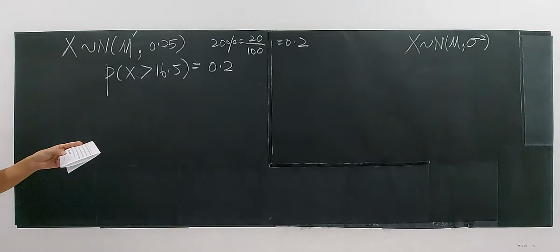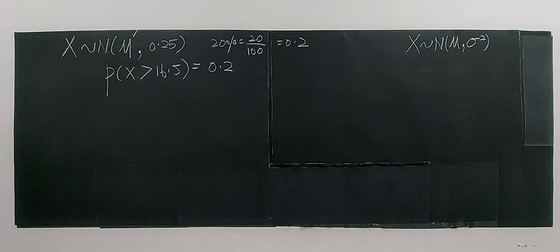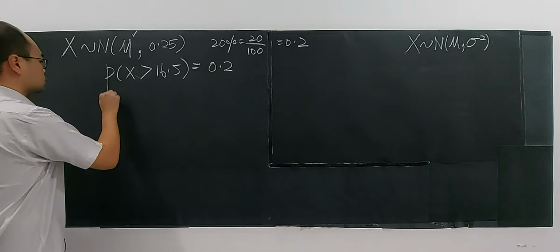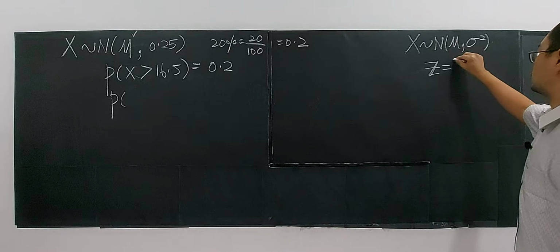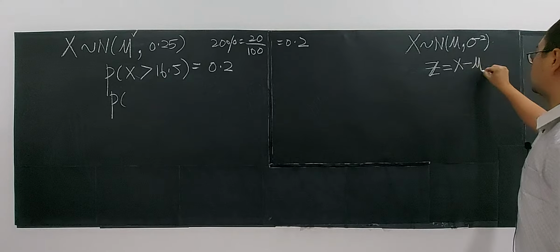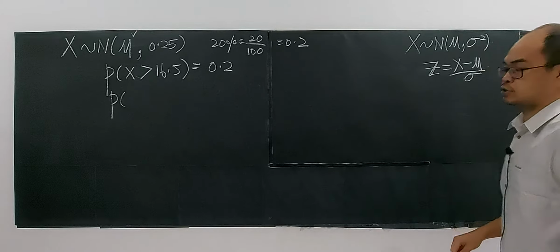Before that, we have to standardize the score of X, because we have to use the statistical table. To standardize, the formula is Z equals X minus the mean, divided by the standard deviation.